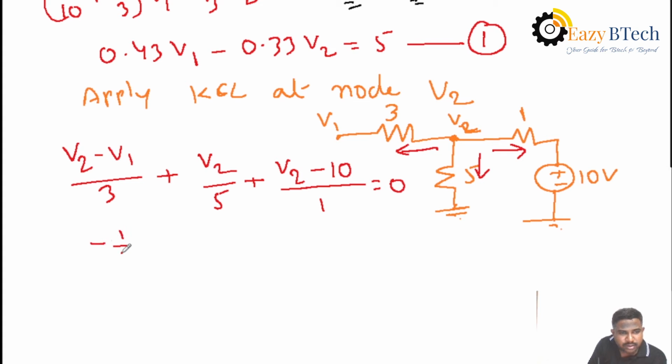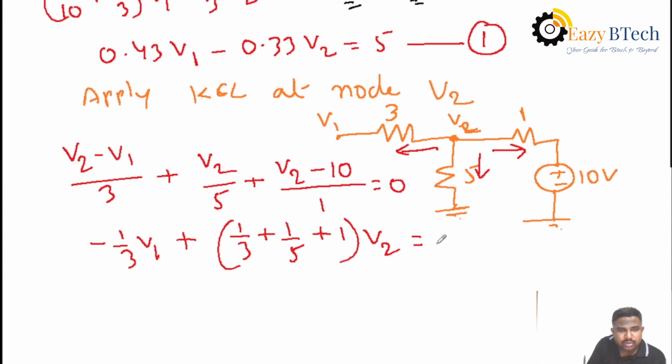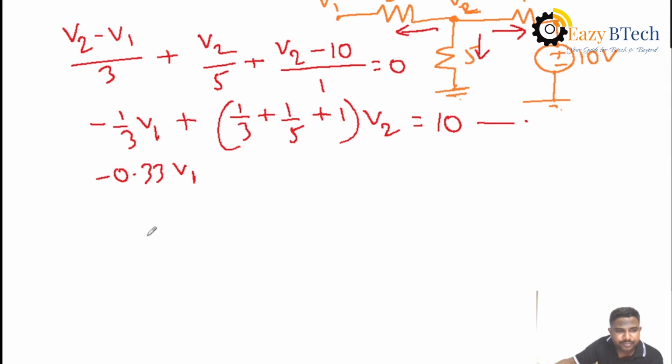Then taking common terms: minus 1 by 3 V1 plus (1 by 3 plus 1 by 5 plus 1) V2 equals minus 10 going to the outside, that is plus 10. Then simplify the values here. 1 by 3 is nothing but 0.33 V1 plus, simplifying the value here, 1.53 V2 equal to 10.